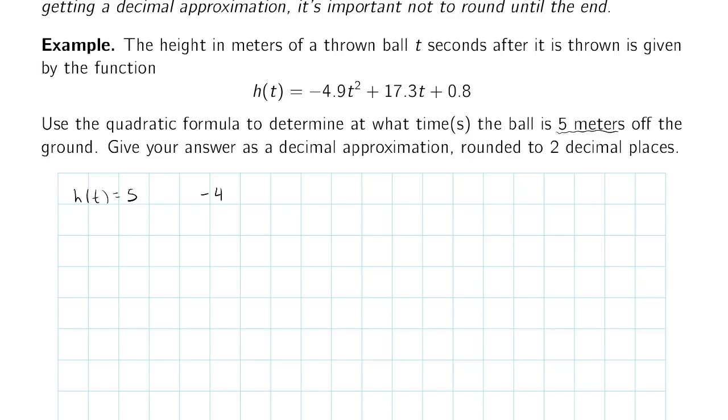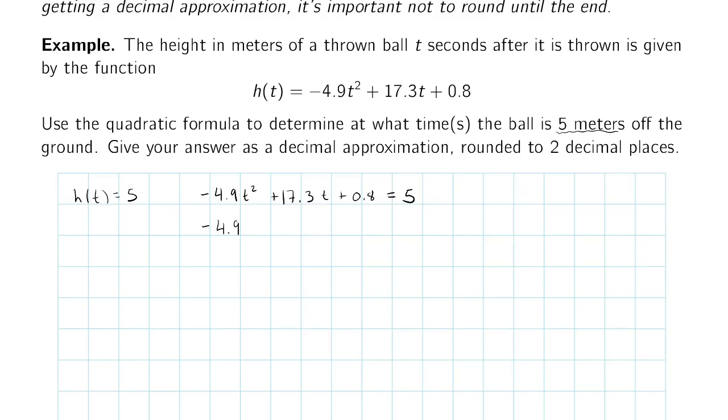So negative 4.9 t squared plus 17.3 t plus 0.8 equals 5. That's not in standard form, so we'll start by subtracting 5 on both sides.